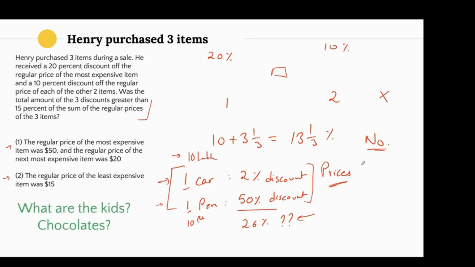What are the chocolates? Right? Here, for example, I have to figure out the average of these percentages. That much is clear. So chocolates are the percentages. But now, what are the kids? Kids are not the number of items. Kids are the prices, essentially. Those are the weights, the technical term. So let's do that now.